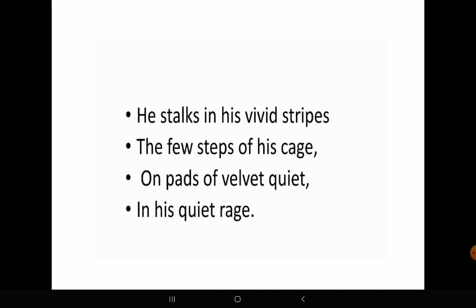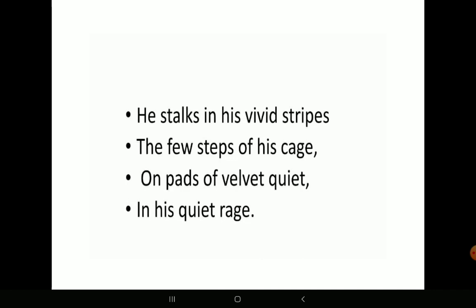On pads of velvet quiet. The padded feet of the tiger have been compared to velvet. Velvet, which we all know is a fabric, a cloth which is very soft when you touch it. Similarly, the tiger's feet are padded. They do not make any noise, quiet and calm, when the tiger moves in his quiet rage.